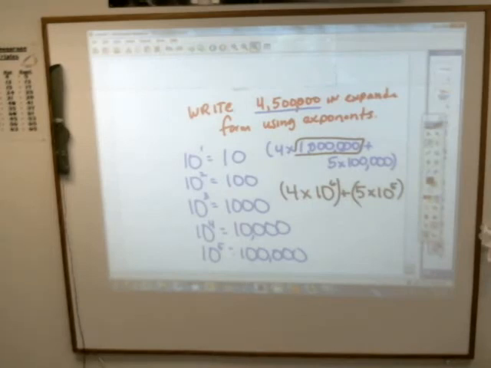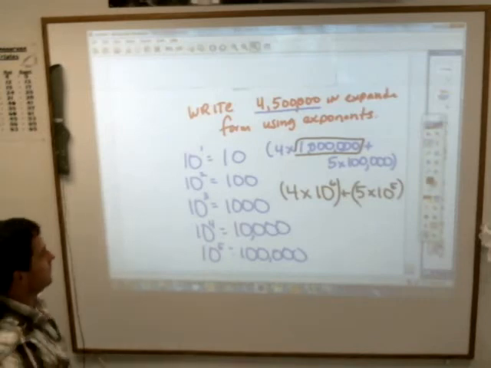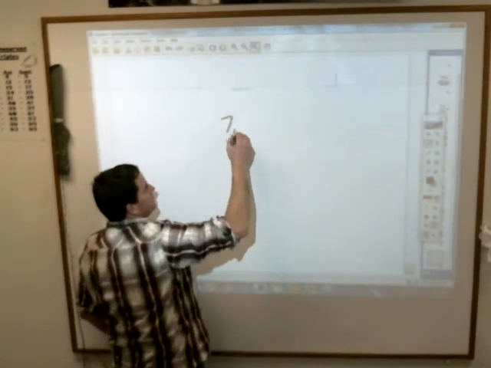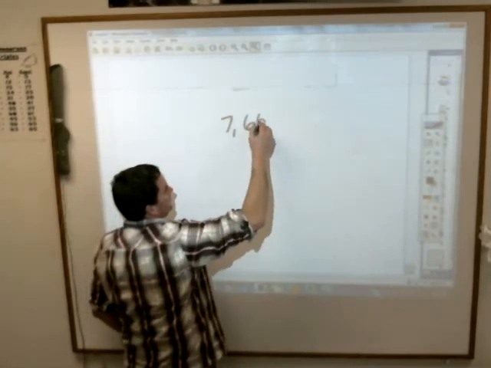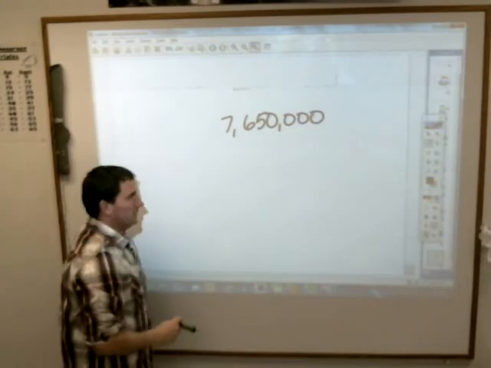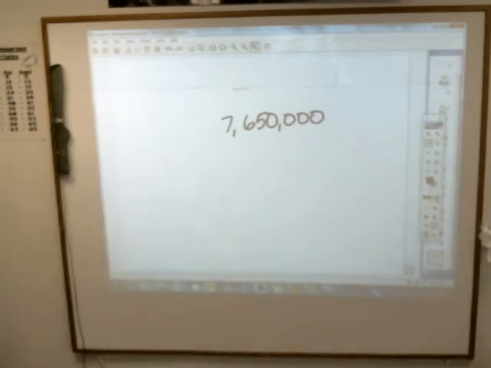So they will ask you to do that. Maybe we should try one more. How about 7,650,000? Write that in expanded notation using exponents.